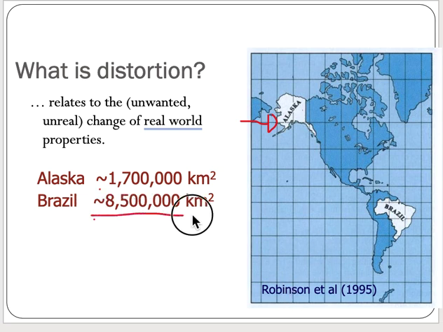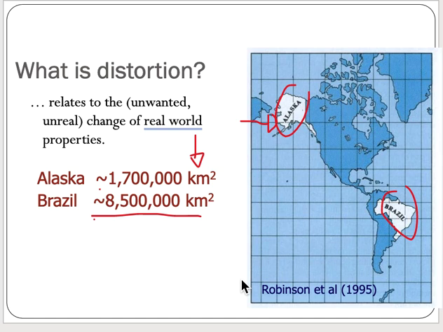So we can see Brazil is at 8,500,000 kilometers squared compared to Alaska, which is smaller in size at 1,700,000 kilometers squared. But based on the Robinson map projection, we can see that Alaska looks similar in size to Brazil. So this distortion is because the way we have used a particular map projection.